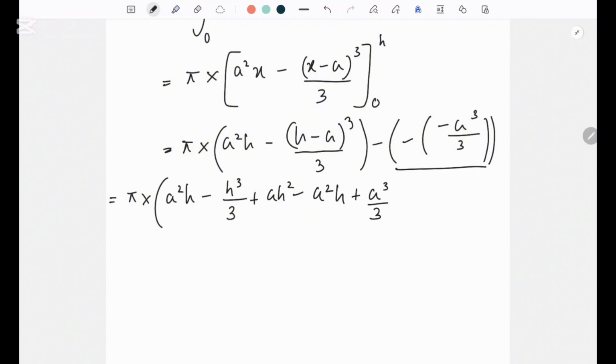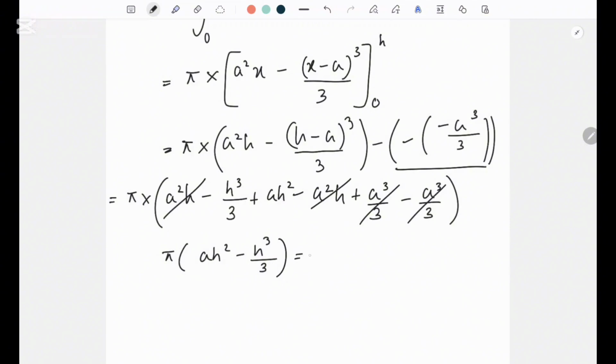And here we have minus a to the power 3 over 3. So you can see this will cancel off, and this cancels off, right? So now we have pi into (a h squared minus h to the power 3 over 3), which is your volume. So you found your volume now.